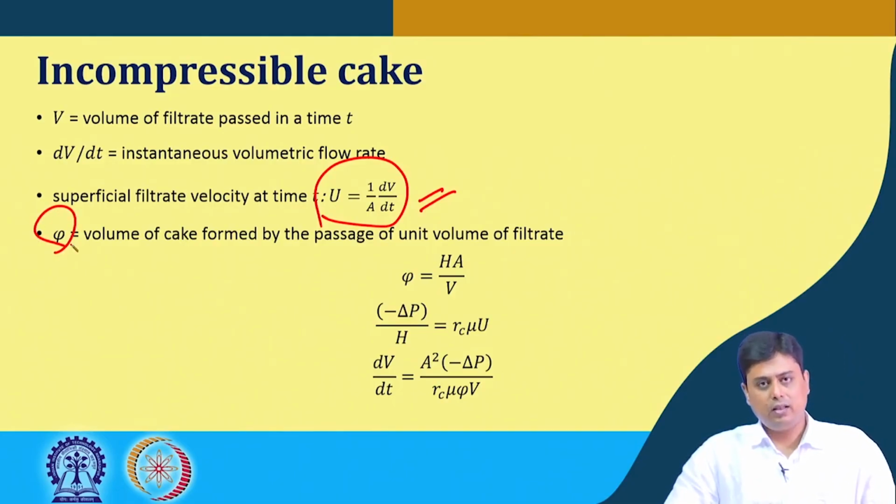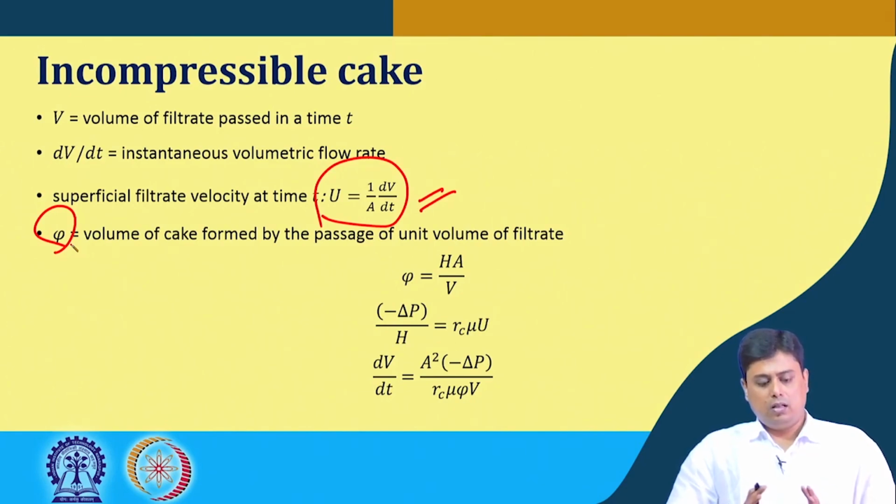then this phi is nothing but HA by V, where H is the height of the cake, A is the cross-sectional area, and V is the volume of filtrate passing at any time t, isn't it?